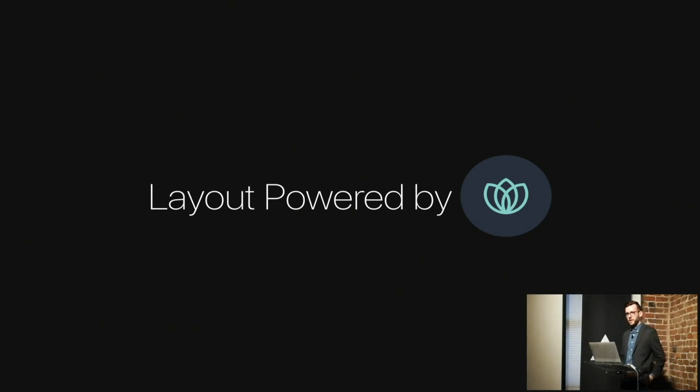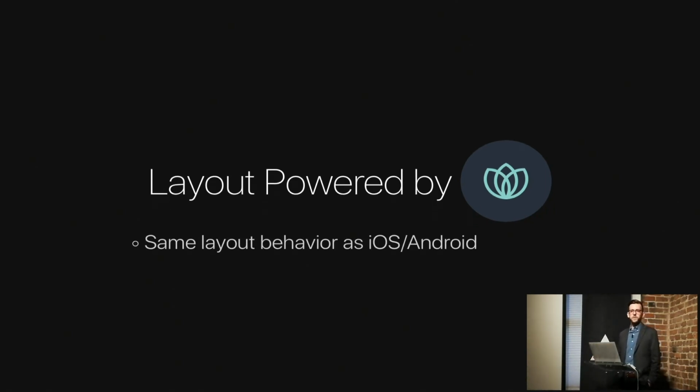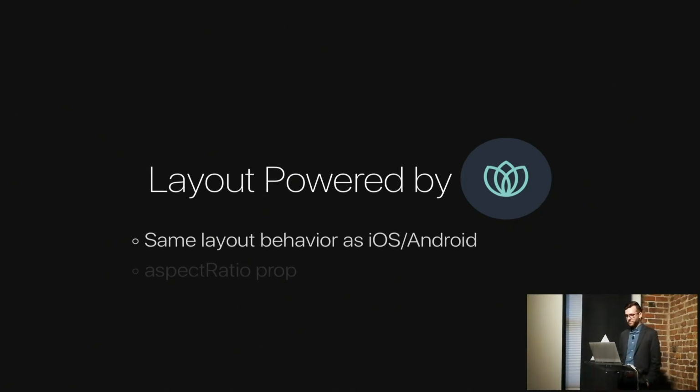And it actually gets us a lot, because Yoga, while it may have started as a one-to-one recreation of Flexbox, has evolved into its own beast, and things don't behave the exact same way as on the web. So this allows us to know for sure that this is going to behave like it does on native, because I'm literally running the same exact thing.